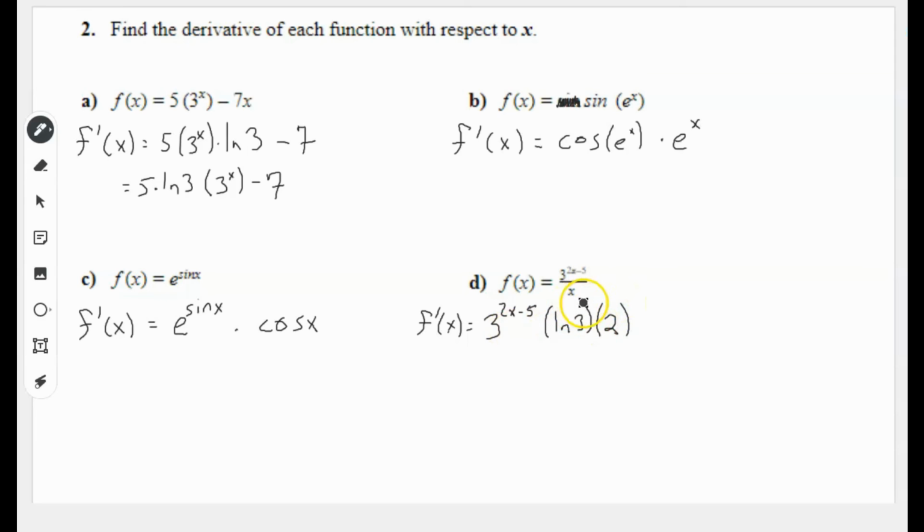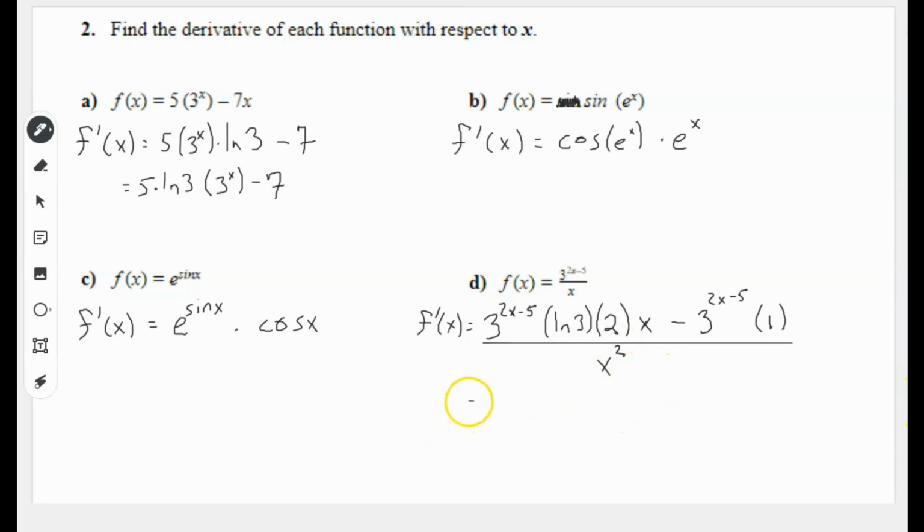And then we multiply by the denominator, so x. Alright, next, subtract. Now we're going to leave the numerator alone, so we have 3 to the 2x minus 5. And multiply by the derivative of the denominator, which is x, so that derivative is just 1. And then divide by the denominator squared, so x squared.